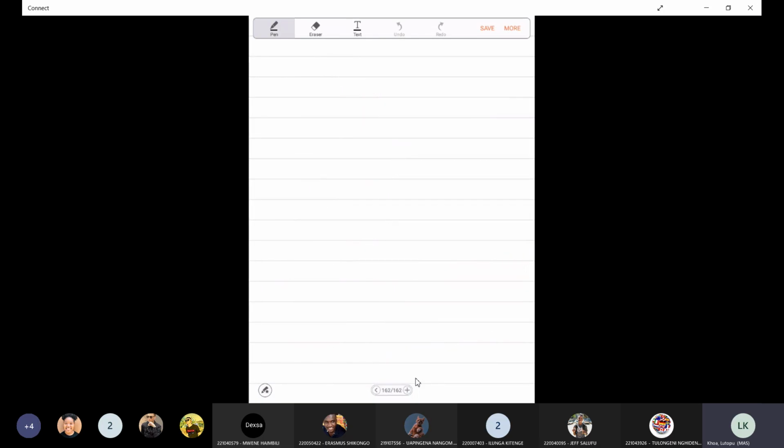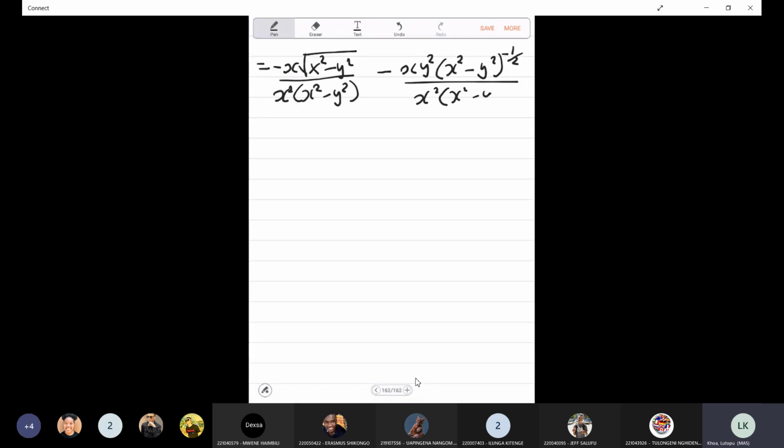So the first fraction will be minus x square root of x squared minus y squared over x squared minus y squared. And then the second one will be minus x squared minus y squared to the power of minus a half over x squared minus y squared.